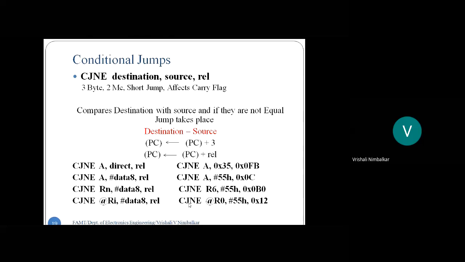And the last example, CJNE @R0, hash 55. The data which is pointed to by R0 is compared with 55 hex, and if it is not equal, the jump is going to take place. See, I have written 0x12. It means 12 in hexadecimal. Correct. How much will it be in decimal? It will be 12 plus 6, so 20 locations ahead.